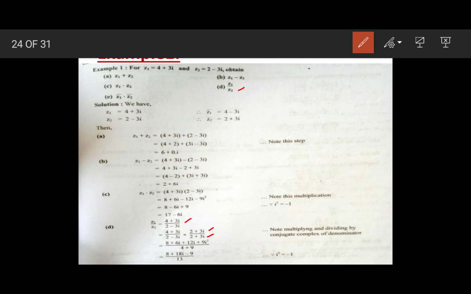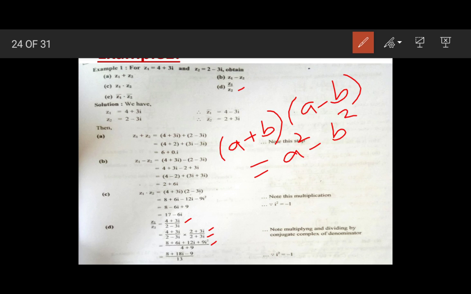In the numerator we do the multiplication, and in the denominator we use the formula a plus b into a minus b is equal to a square minus b square. So the denominator will be 2 square minus 3i whole square, that means 9i square, but i square is minus 1, so it will be 4 plus 9.